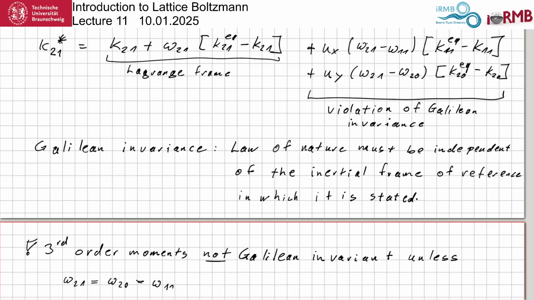I mean, there's a conclusion that some people really like, that BGK, of course, is Galilean invariant, because BGK is the case that you set all the rates to the same value.